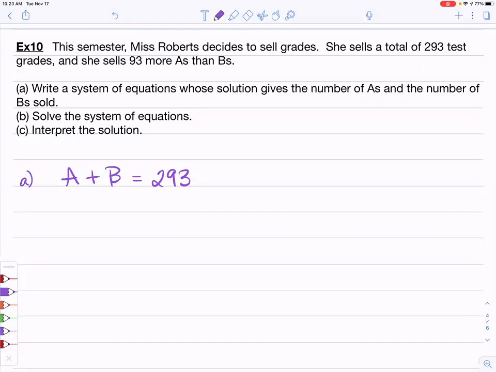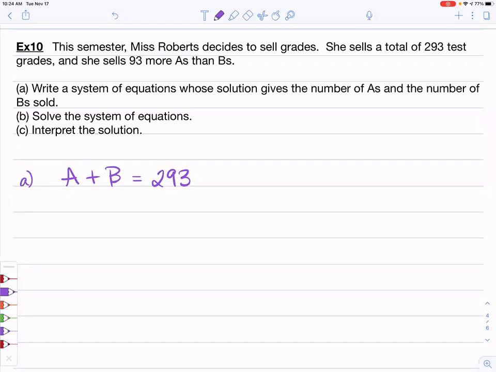And by the way, there's nothing in there that talks about the 293. Could you do 293 minus the A's equals B? B plus 93. Yeah, so if I just said B plus 1 equals A's, would that be 1 more A than B?